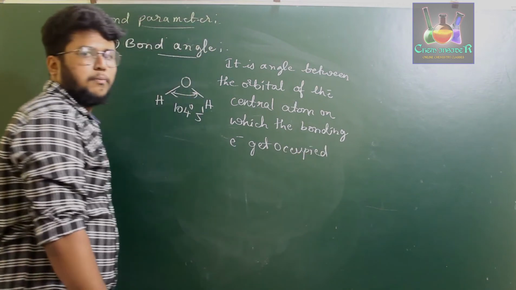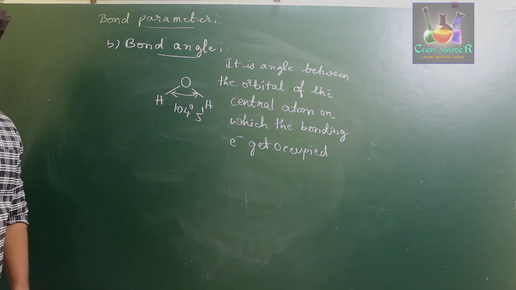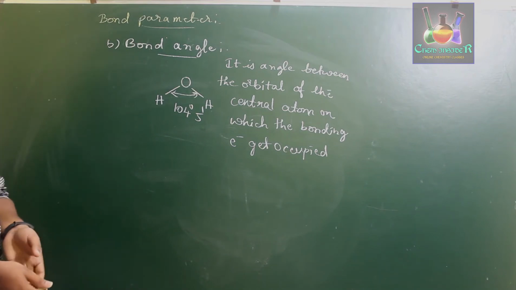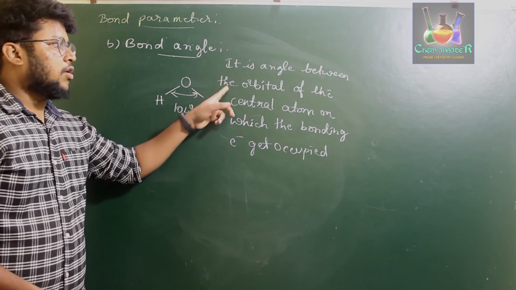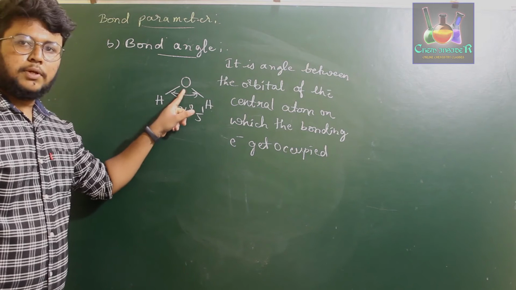This is called the bond angle. In the case of the water molecule, the bond angle is 104 degree 5 minutes. Bond angle is defined as the angle between the orbitals of the central atom. In this molecule, the central atom is oxygen.